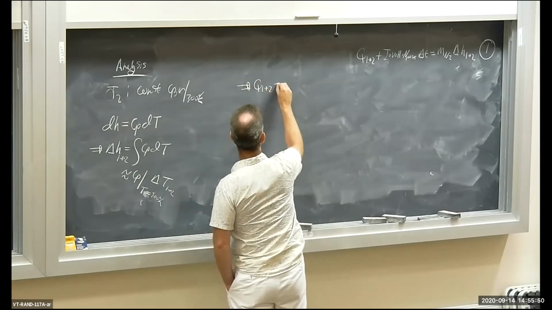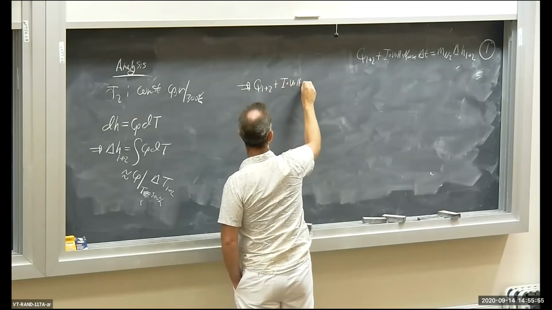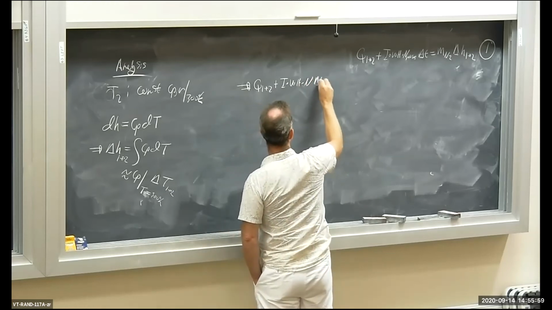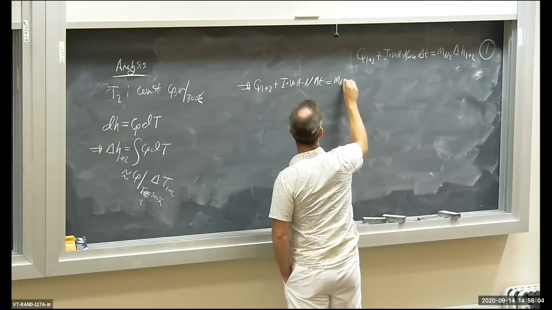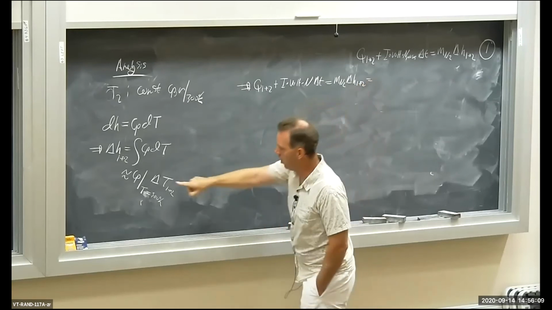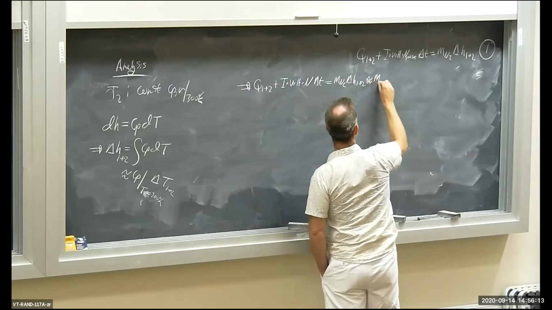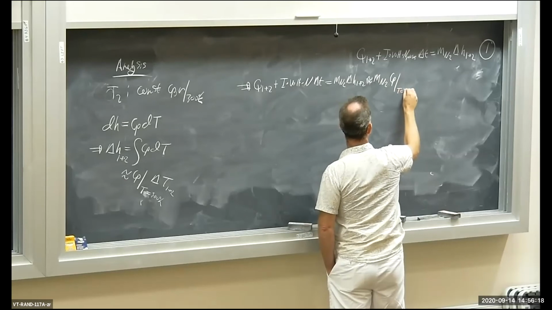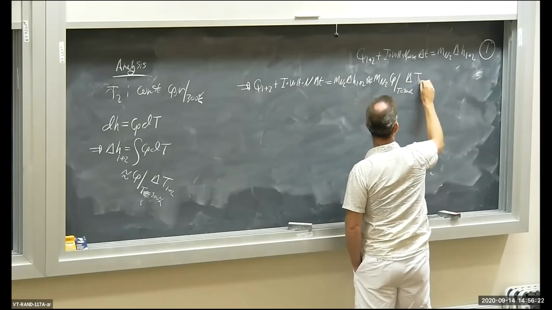Q 1 to 2 plus I times voltage times N, forget resistors, times delta T is equal to m of N2 delta h from 1 to 2, or approximately equal to the mass of the nitrogen, Cp evaluated at 300 degrees Kelvin, delta T 1 to 2.